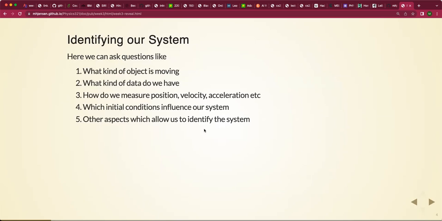So you have to identify the system and ask yourself what kind of object is moving. What kind of data do we have, in case you have data about it? How do we measure position? That's a very common type of measurement, velocity, acceleration. Which initial conditions influence the system?